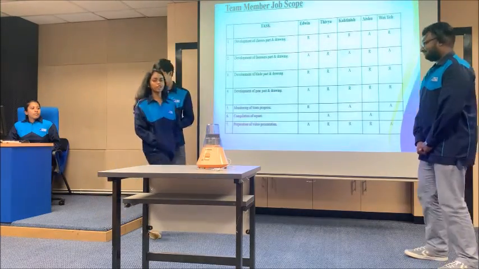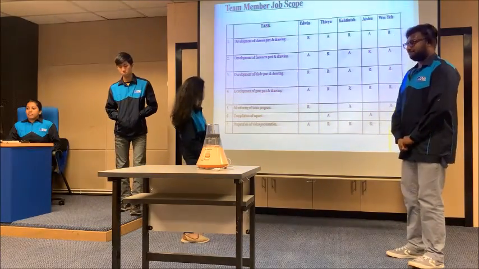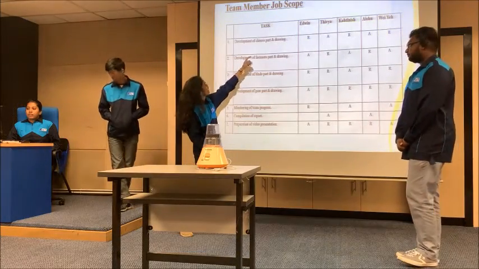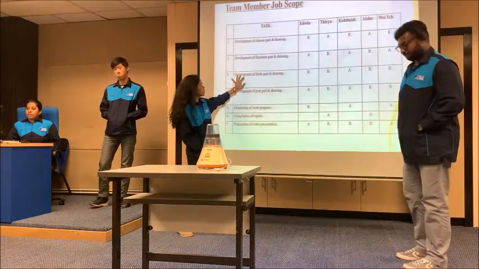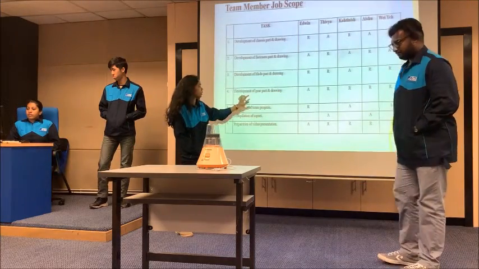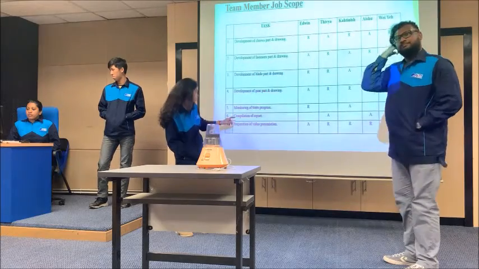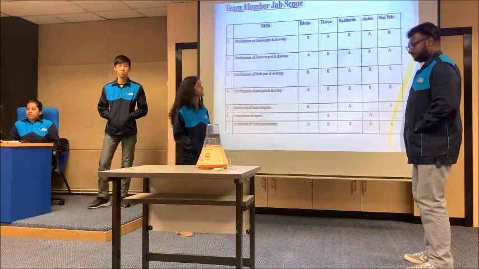Okay, I'm going to explain the job scope. We undergo 7 processes: development of chassis part drawing, development of fastener part drawing, development of brake part, development of gear part, monitoring of team progress, compilation of report, and preparation for video presentation.